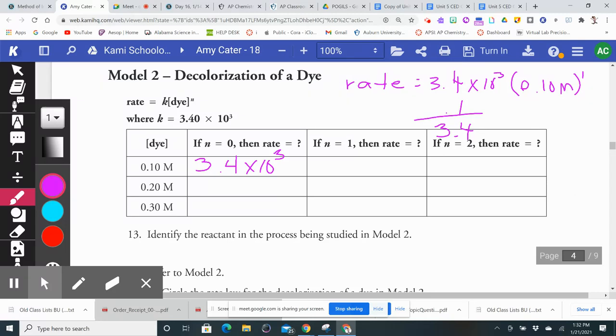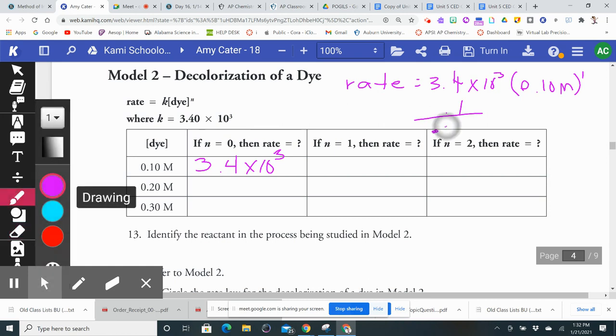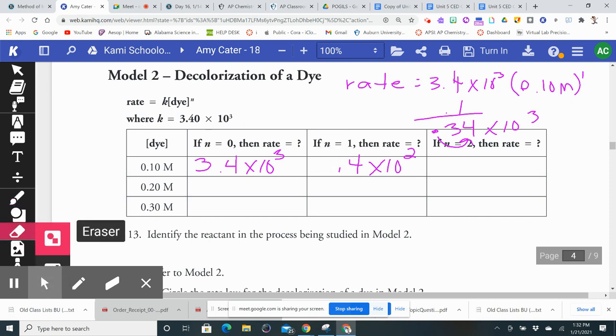So I'm just going to multiply 3.4 times 0.1, which gives me 0.34 times 10 to the third power, and then I have to move that back 1. So that's why it's times 10 to the second power. So I had to put it back in scientific notation. It is a 3. Fix that.